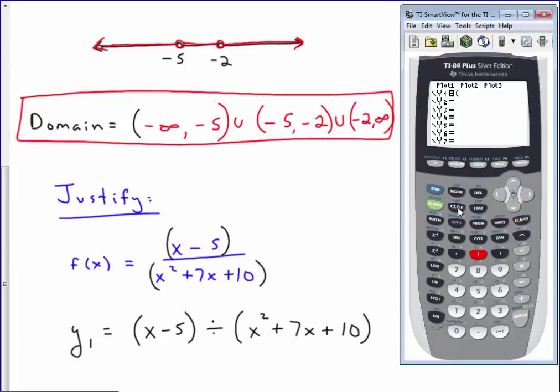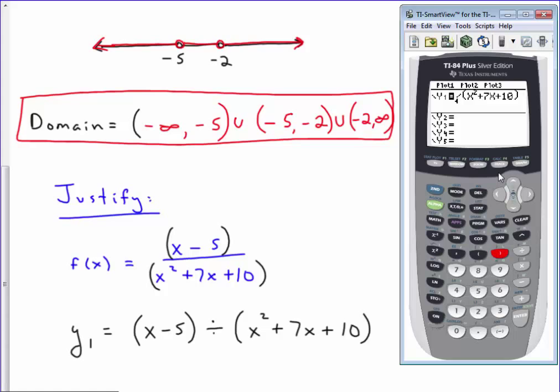Open parenthesis, x minus 5, close parentheses, divide by, x raised to the second. I have to right arrow to get out of the exponent, plus 7x plus 10, close the parenthesis.